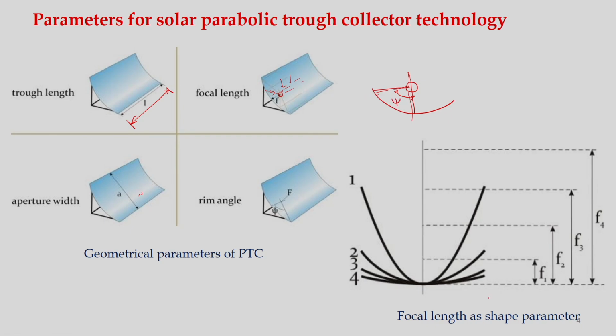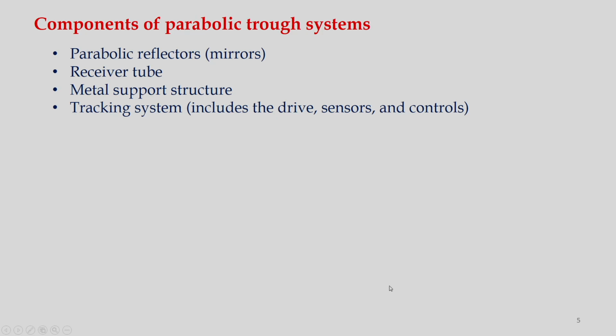And what you can see here is that if we use different arrangements, then we can have different focal points. For arrangement 1, you can see the focal point is here. For arrangement 2, the focal point is here. So, we can take the appropriate decision on what kind of focal length is required based on the devices used for reflecting the solar radiation.